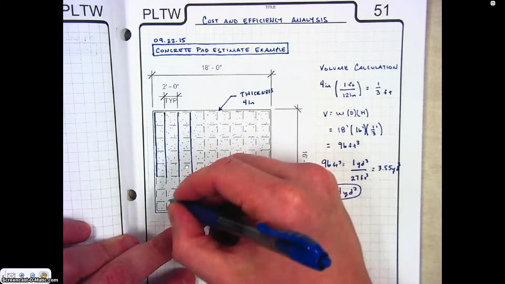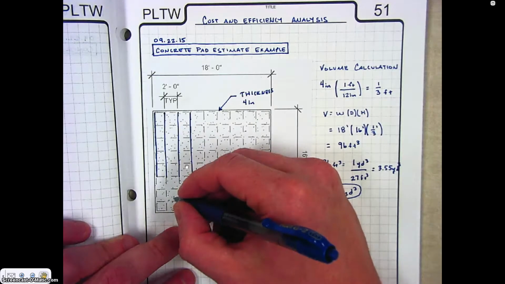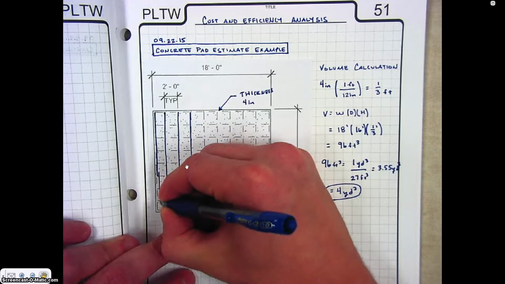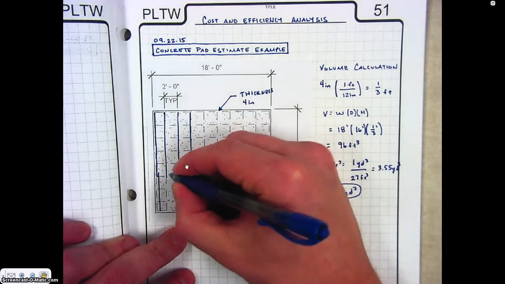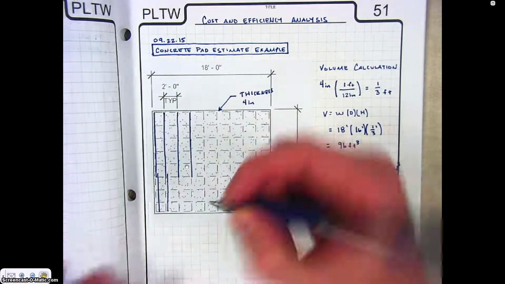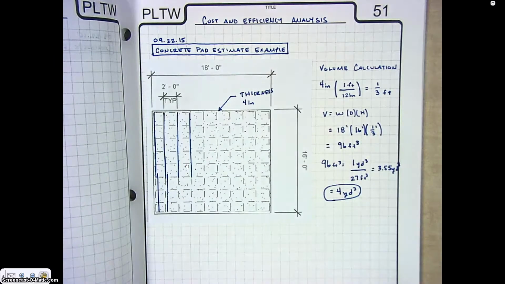That leaves me 6 feet on the other side, and so I'm going to have a 4-foot scrap piece that's left over. So that'll leave me about 6 feet 6 inches to make sure I overhang the rebar on that side. And so that's what you're going to do, you're just going to fill in where the rebar is going to go on this concrete pad.